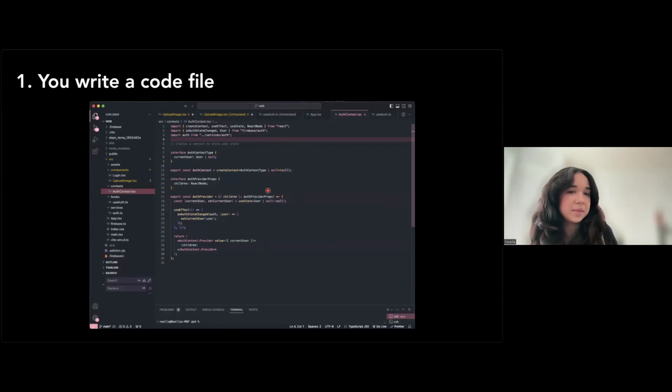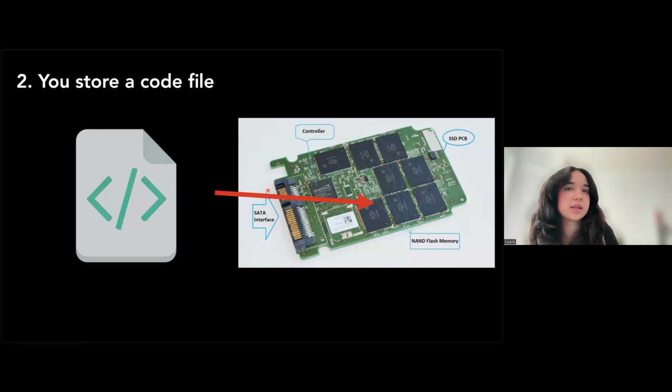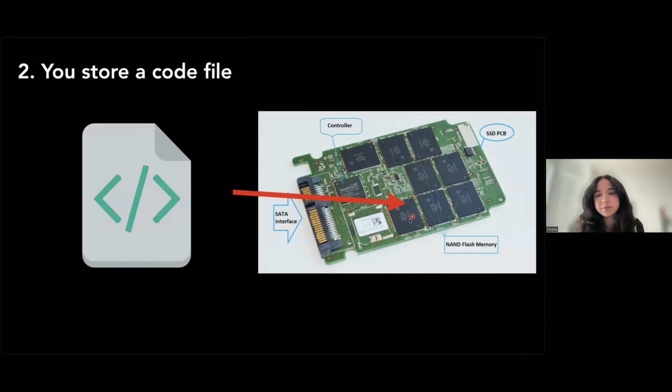The second step is that our code file is saved. We save the code file and it's stored in our SSDs, if you remember the long-term storage, as a bunch of zeros and ones in one of these NAND flash memory sections.